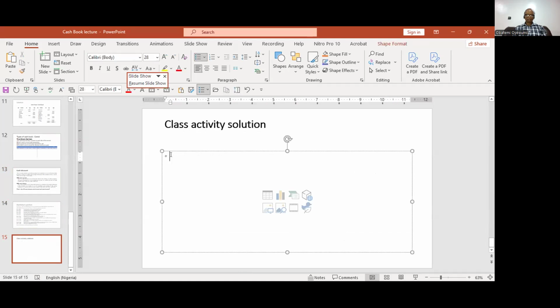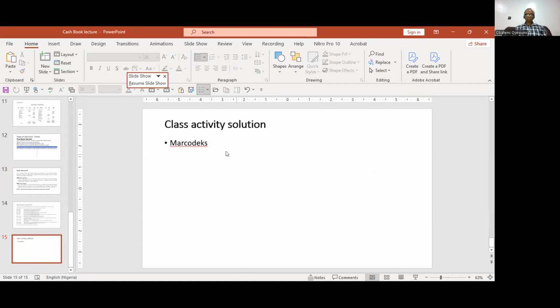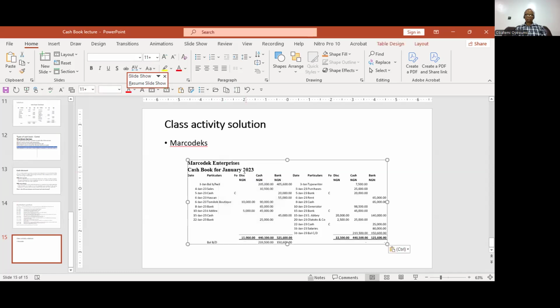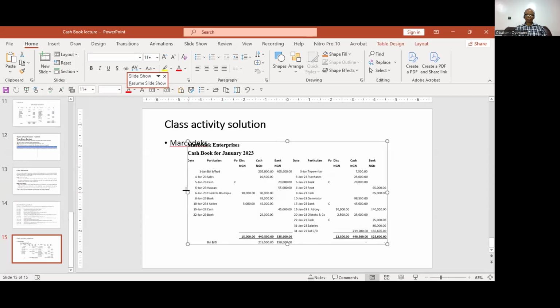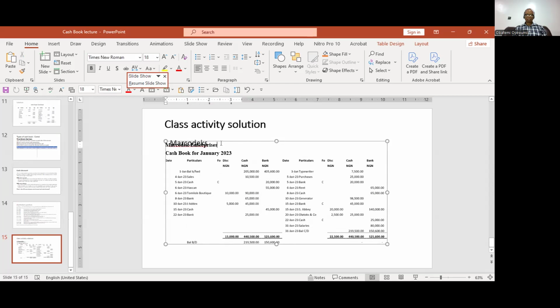All right, so let me try to bring the solution there. So this is what we have. And I try to remove the initial one.